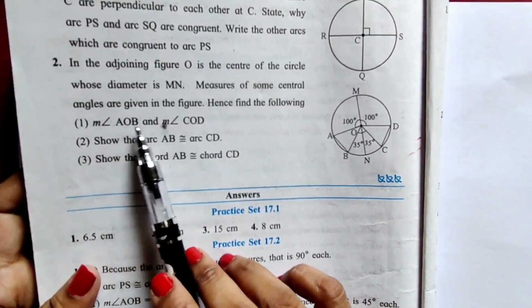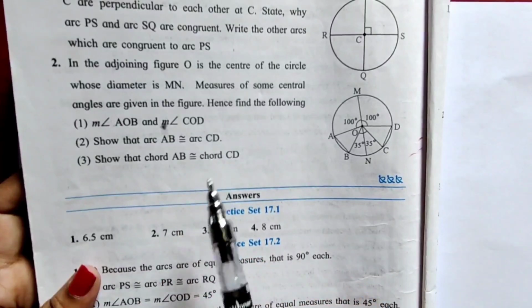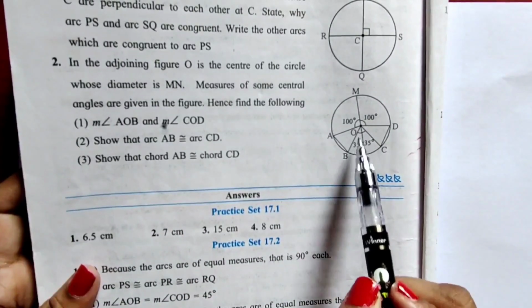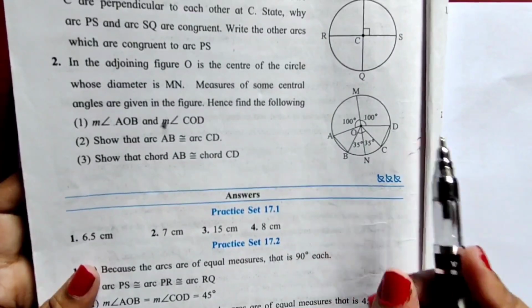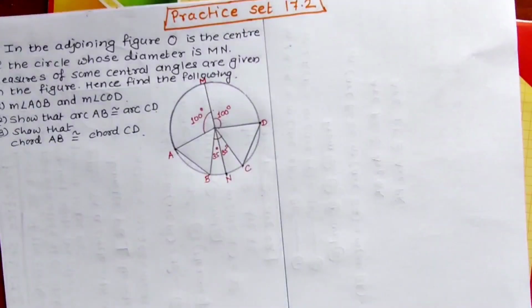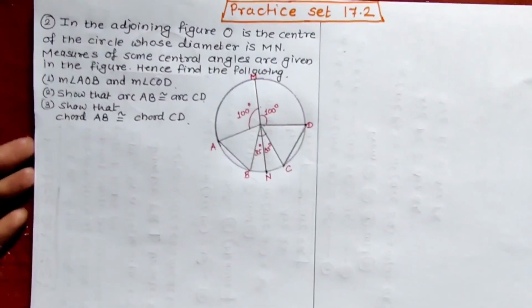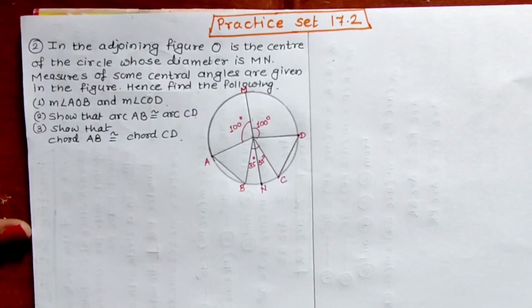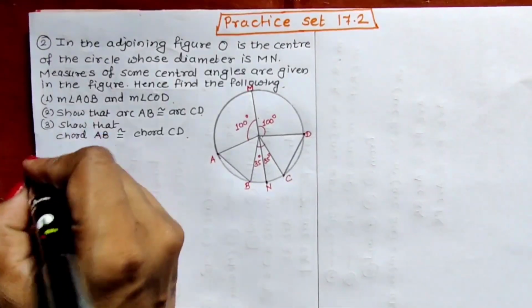First we have to find out measure of angle AOB and measure of angle COD. So just now I have told you, due to this diameter MN, this circle is divided into two semicircles and measure of semicircle is 180 degree, we all know. So let us see how to solve this sum. Solution.